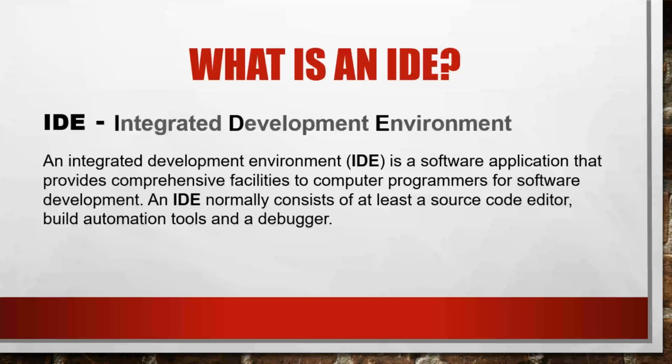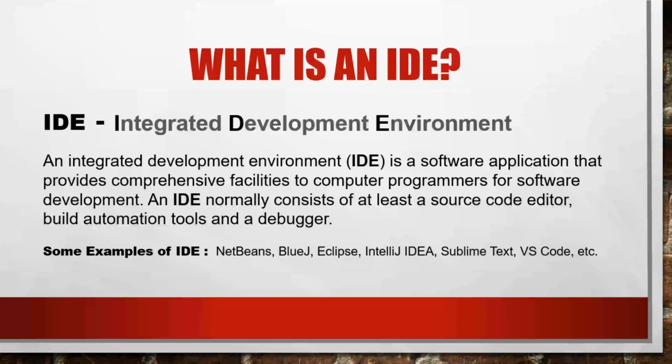An IDE normally consists of at least a source code editor, build automation tools, and a debugger. Basically, in simple terms, an IDE is just a text editor with some special features. Some examples of IDE are NetBeans, BlueJ, Eclipse, IntelliJ IDEA, Sublime Text, VS Code, etc.